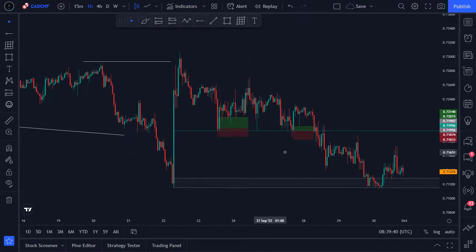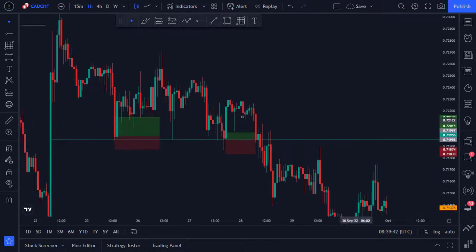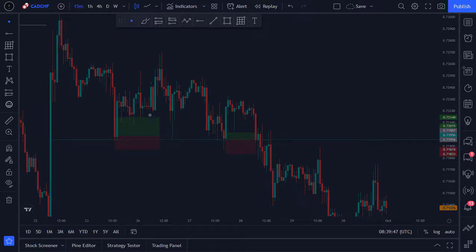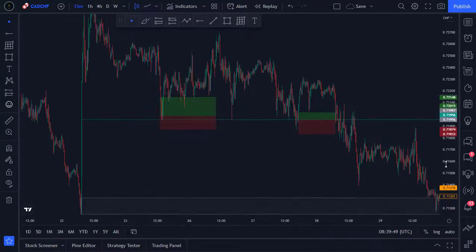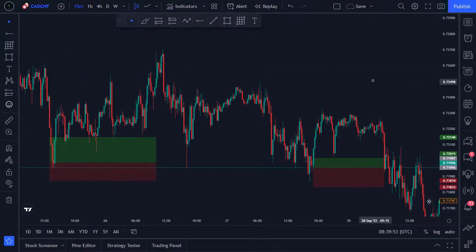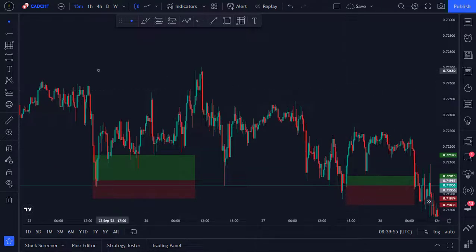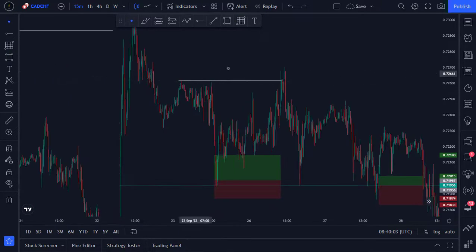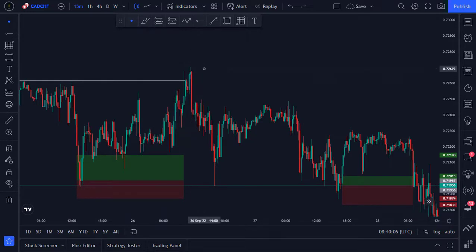I was tagged in, but as you can see, the price pushed up corrective and then broke the downside. So I did move my stops up to this low over here. This is the good thing about risk management. Once we broke this high and had a break of structure in this level, I didn't expect the price to pull back down again, because it was supposed to push to the upside.